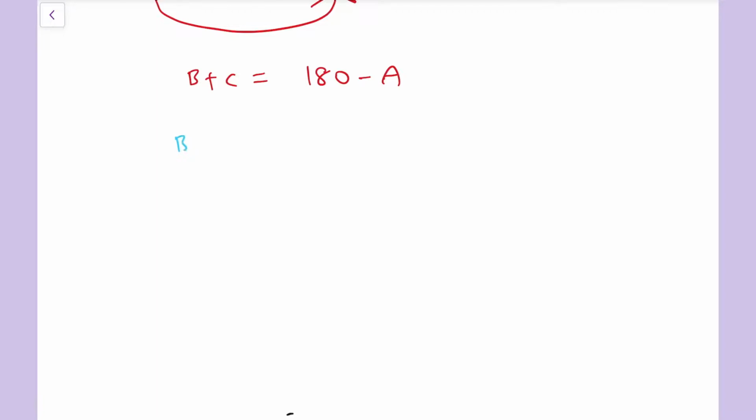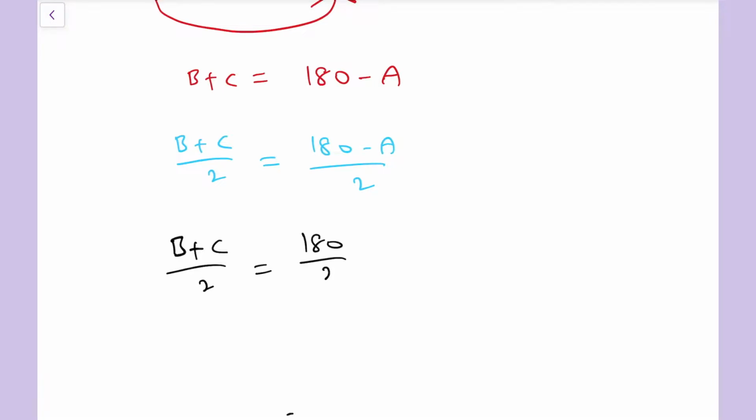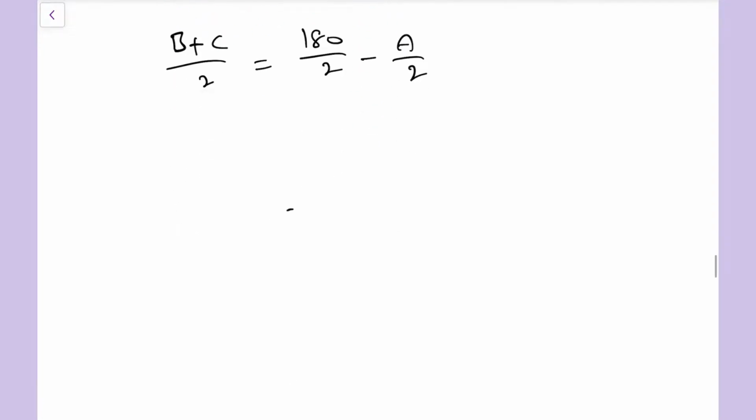Then we get (B plus C) by 2 equals (180 minus A) by 2. Left side I am not touching, I am keeping it as it is. 180 minus A divided by 2 can be written as 180 by 2 minus A by 2. The left side (B plus C) by 2 stays as it is, equals 180 by 2, which is 90, minus A by 2.